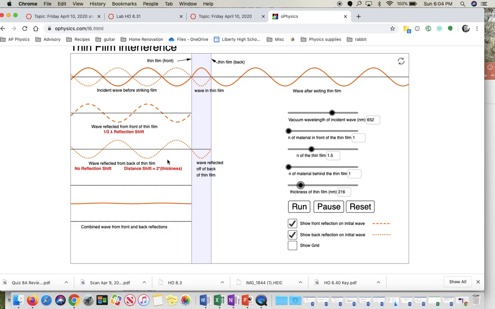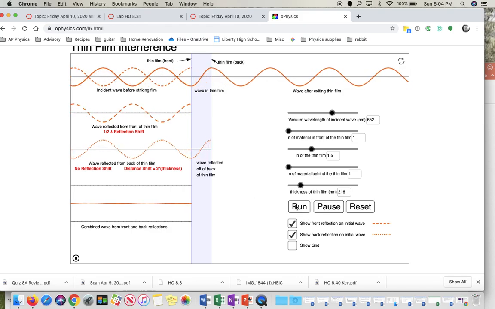What I've tried to set here is to find the minimum thickness. I've adjusted the thickness of this film so that there's exactly a half of a wavelength in here. Since we have a half a wavelength, and the wave coming in is already off by a half phase, when we put these two waves together we get this destructive pattern.